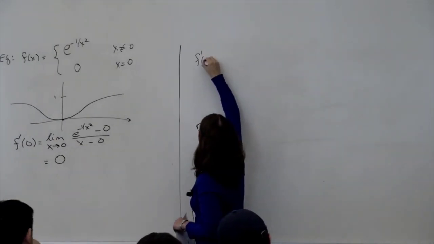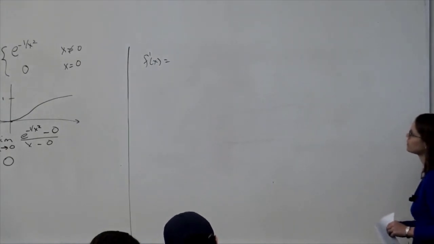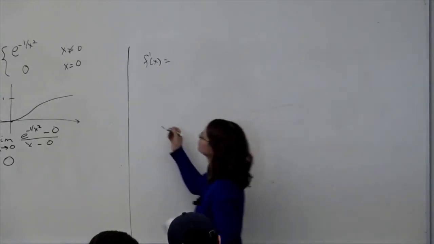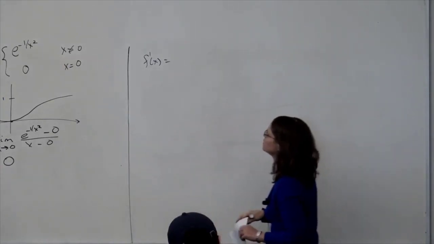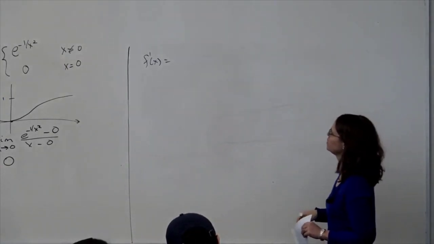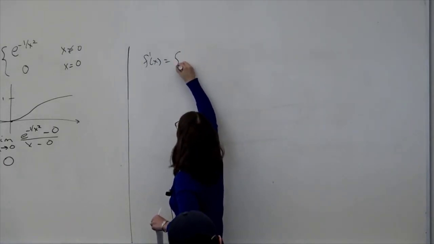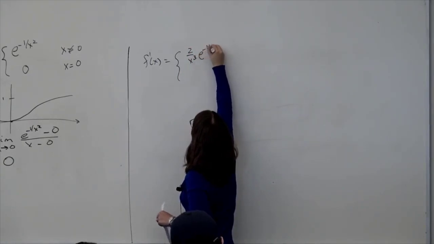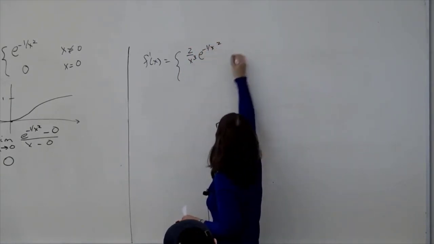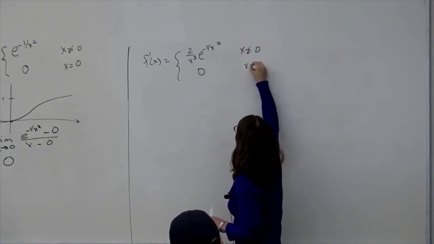Okay, so in general, we're going to have f prime of x equal to, taking the derivative of the minus 1 over x squared, we get 2 over x cubed times the exponential, and 0 at x equals 0.